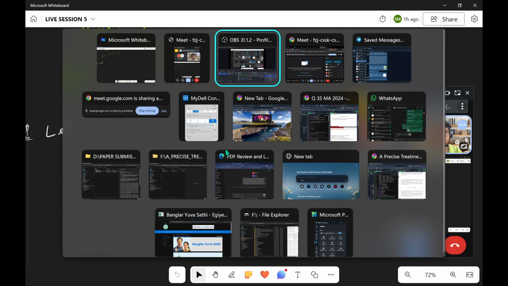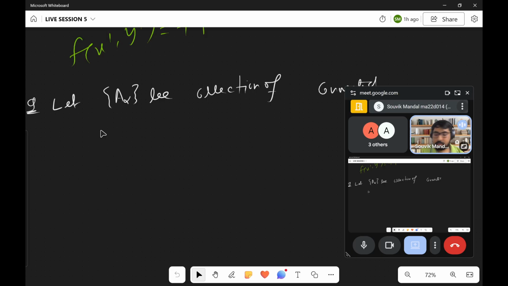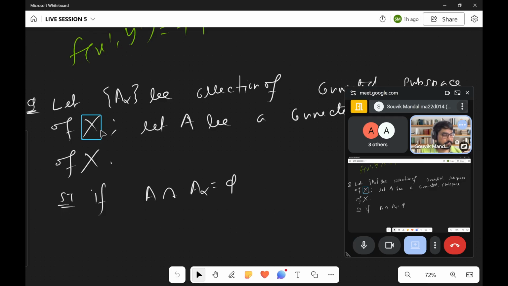Let E alpha be a collection of connected subspaces of X, and let A be a connected subspace of X. Show that if A intersection A alpha is non-empty for all alpha, then A union the union of A alpha is connected.